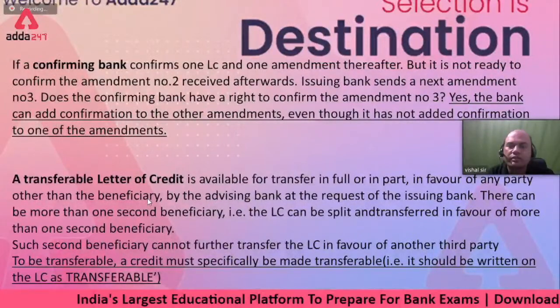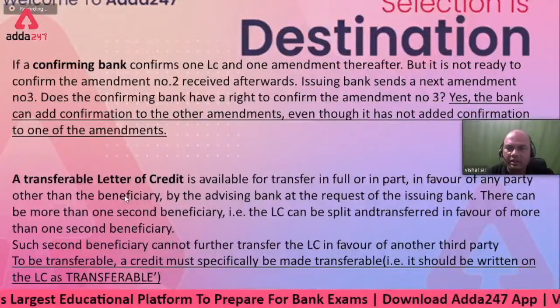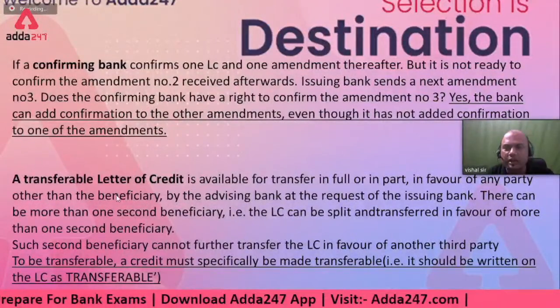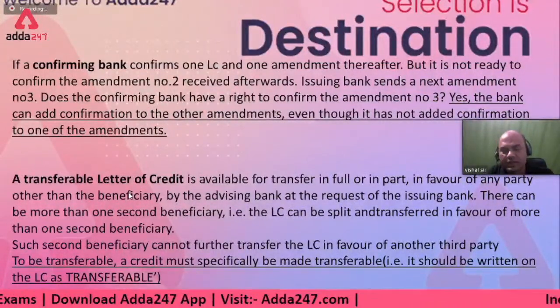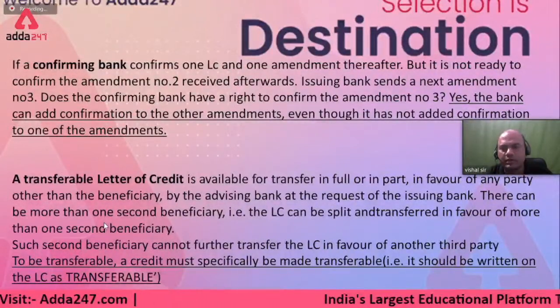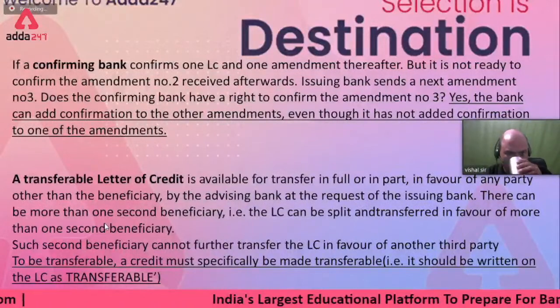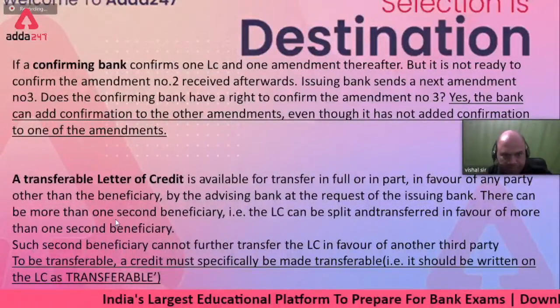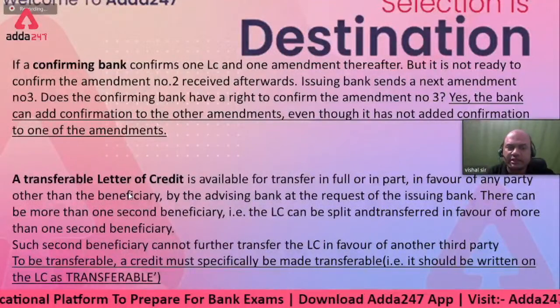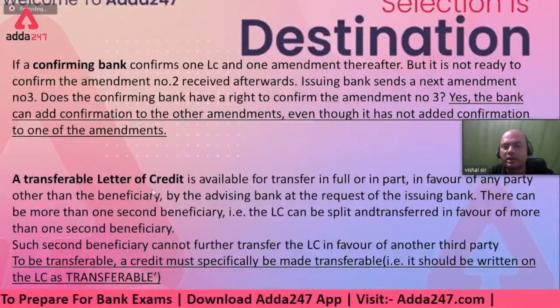So if the seller is an agent, then the LC is required to be transferable. He can't produce the goods, so what will he do? He'll give the order to someone else. Okay. So that means that if a seller is an agent, then the LC needs to be transferable.